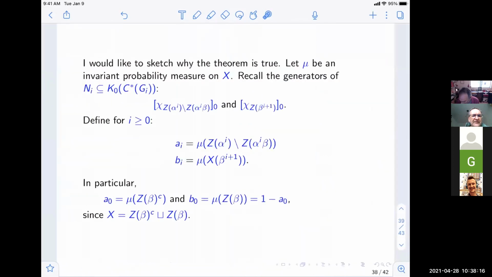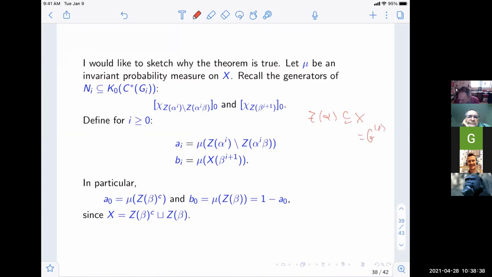So we're explaining the cylindrical sets and so on. What do you mean by chi labeled by a subset? Okay, so Z of, say, alpha is a subset of X, right? X is the unit space of our groupoid.